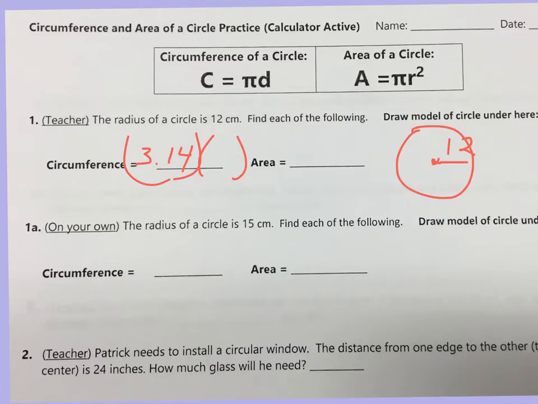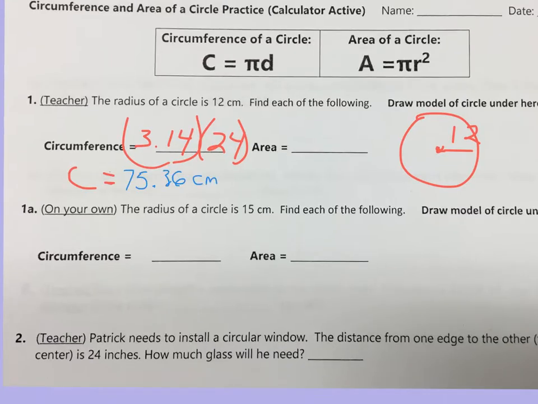So my diameter would be 24. So I'm going to put 24 in here, and then multiply these together, and the circumference, C, would be equal to 3.14 times 24, which is 75.36 centimeters. And that is the circumference, the distance around this circle.